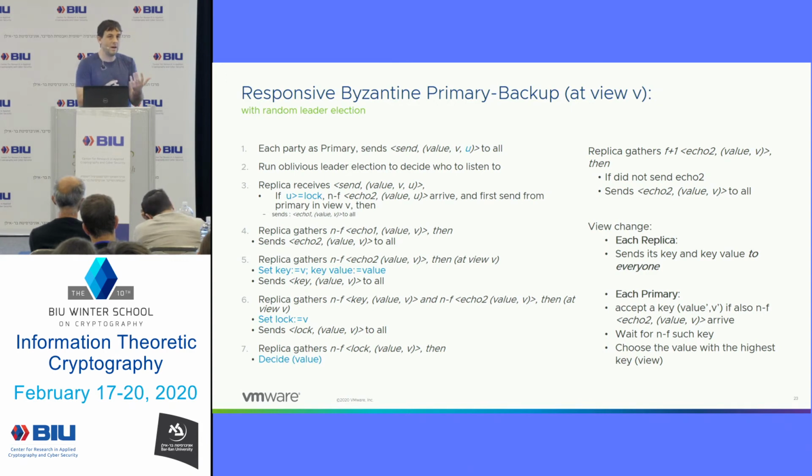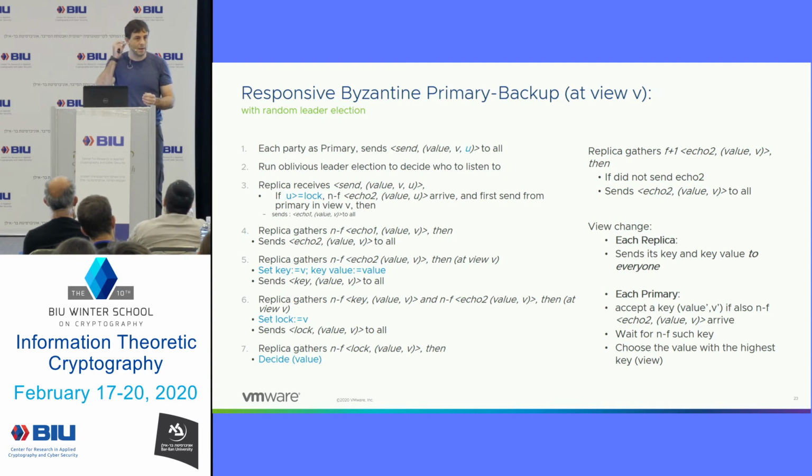But in case there is disagreement about who the primary is, or in case the primary is faulty, well, then it will just send some malicious messages. But we are completely resilient to a malicious adversary that can send any message it wants, information theoretically, no matter what the primary does.